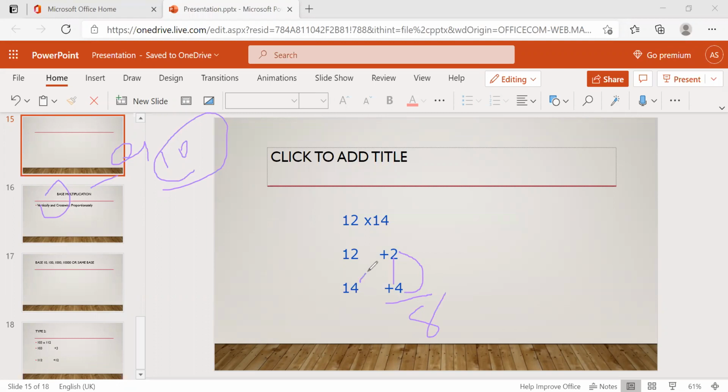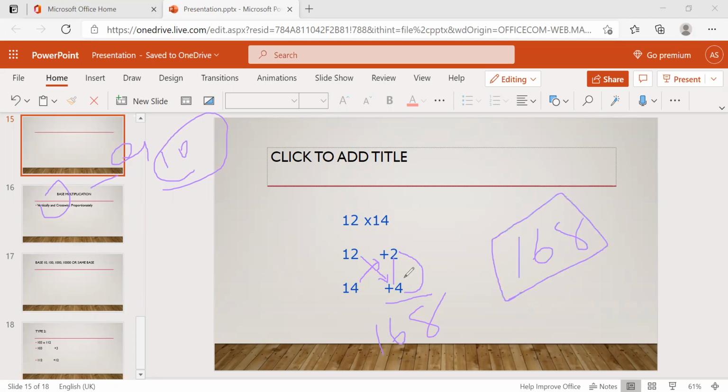Just add these two, or add these two, any one. So 12 plus 4 is 16, and 14 plus 2 is also 16. Both give the same value. You can add only one. 14 plus 2 is 16. So the answer will be 168.